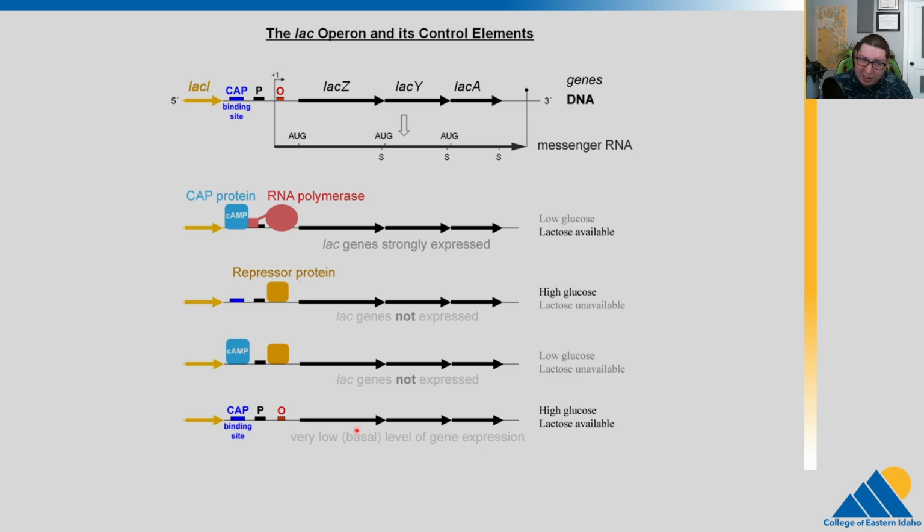So it's not technically off, but it's not really on. And this is where our thought of a digital computer breaks down, because it's not digital, it's analog. There could be no expression, there could be a little bit more, lots of expression, then back down, right? So it's a little more complicated than a computer program, because we can have gradations. It's like a dimmer switch on a light.